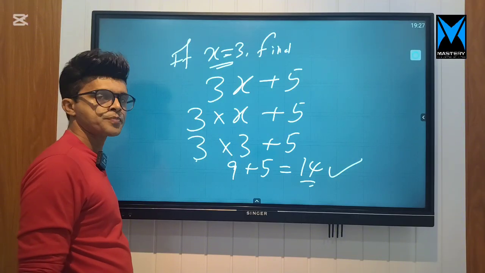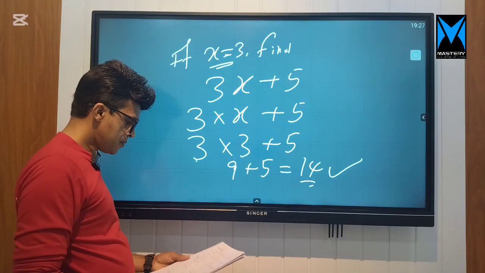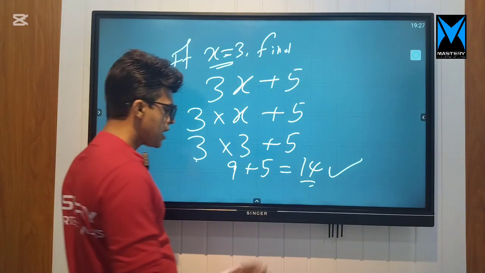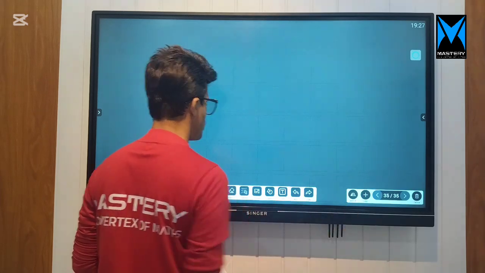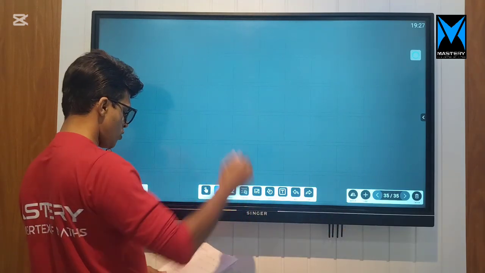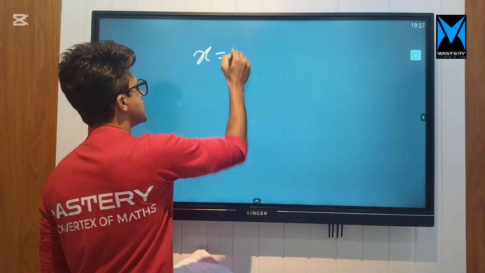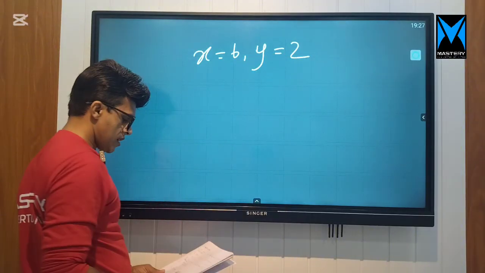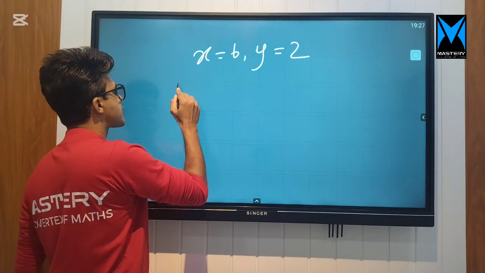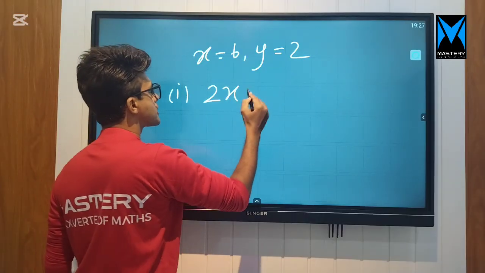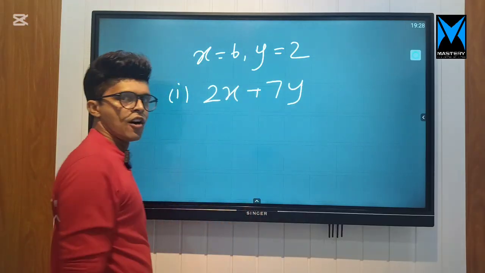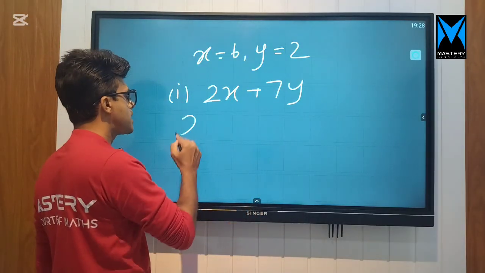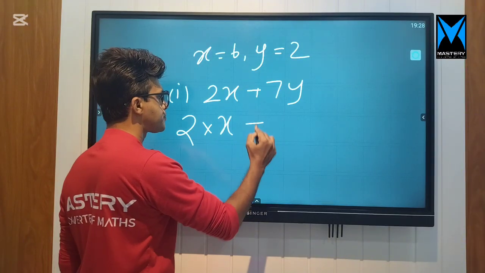This is the answer. Imagine that it has given two values. It gives two unknown terms, that x equals 6 and y equals 2. You have to find the values of these expressions, 2x plus 7y. How can you do this? 2x means 2 into x.